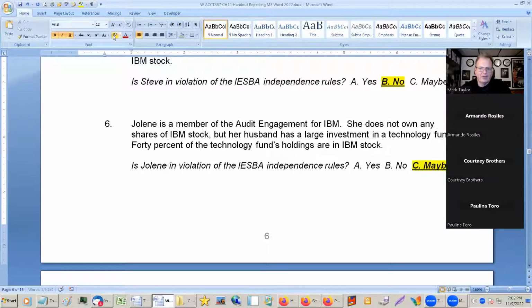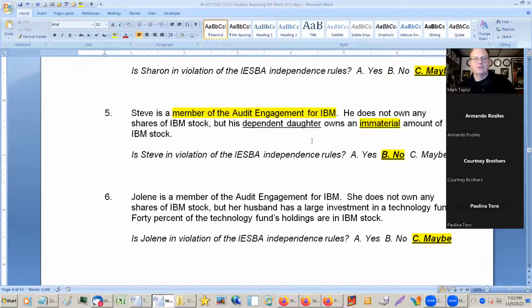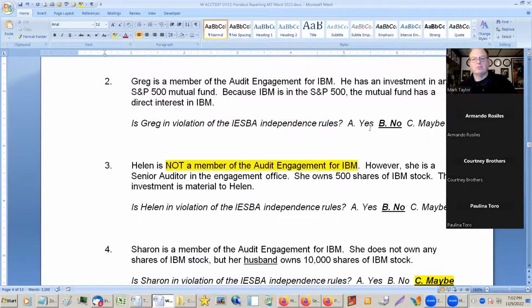It's important to know that it's possible for family members to have direct material investments and still take the audit if there are safeguards in place.